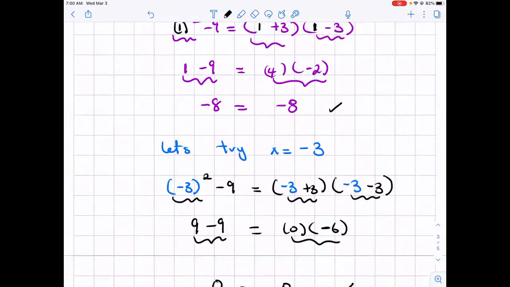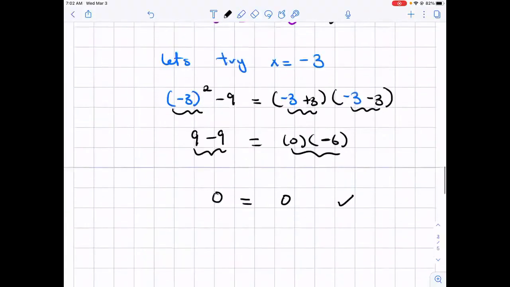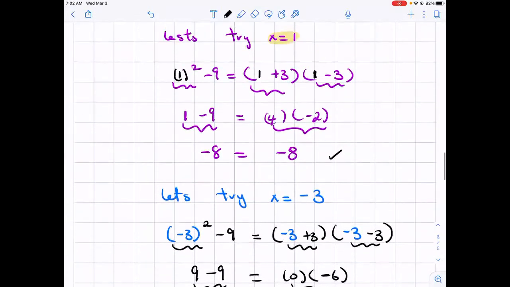And we can continue doing this for a very long time. So when this happens, it's called an identity. These are identities.